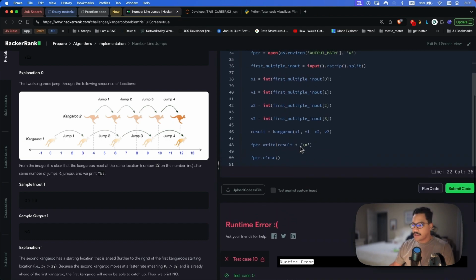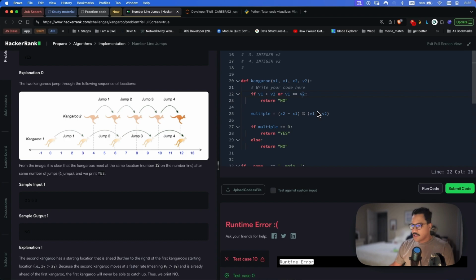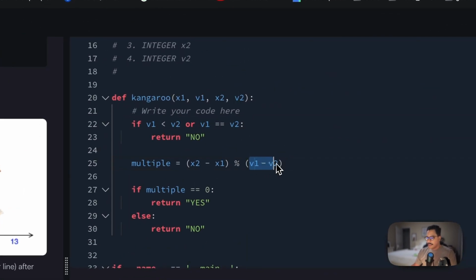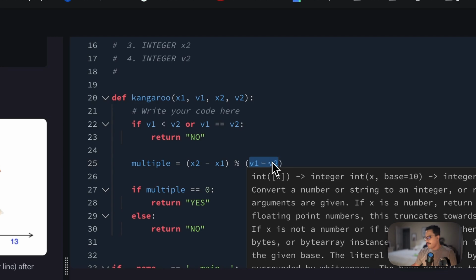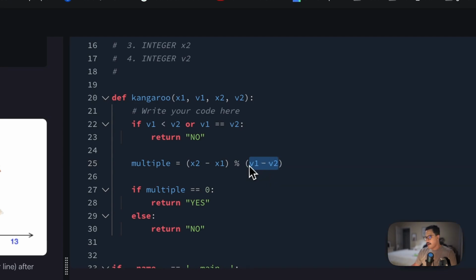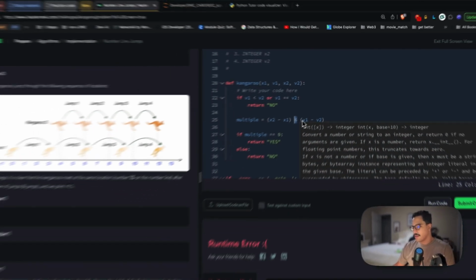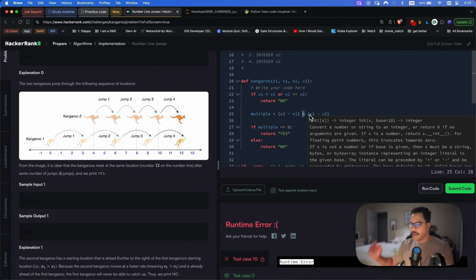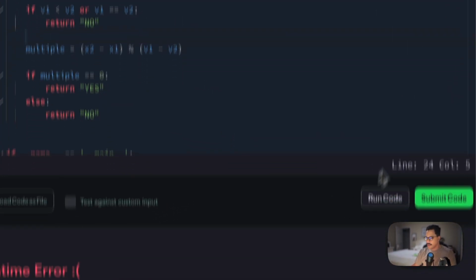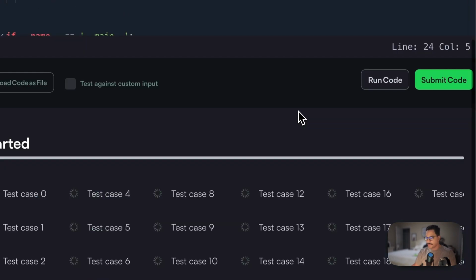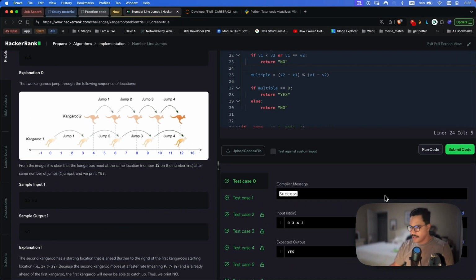Okay, this might be it. Since we are getting the difference of these two, if these velocities are equal, then our modulo operator is always going to be divided by 0. So we're going to get a 0 division error. So that should solve the problem. Go ahead and send it.